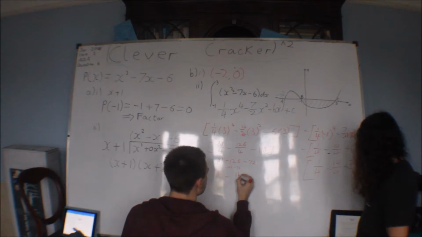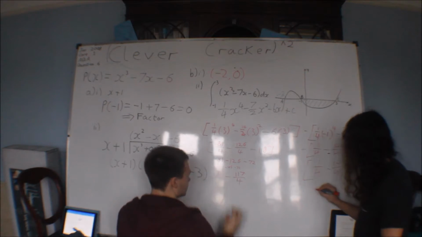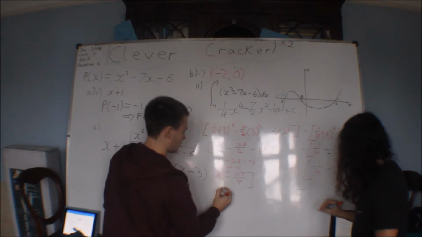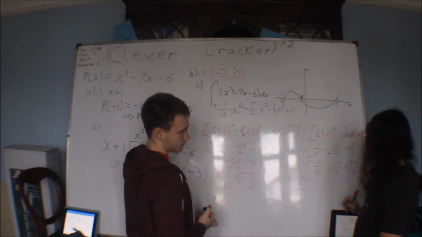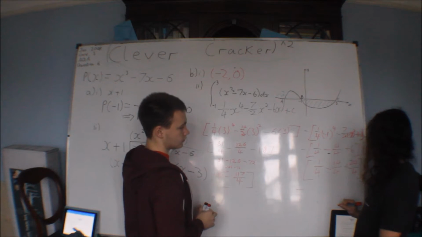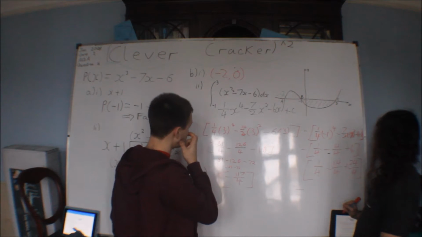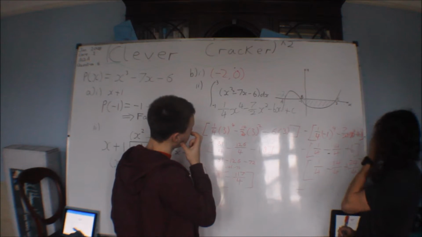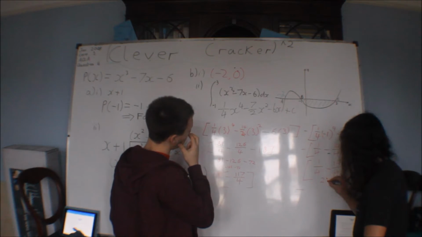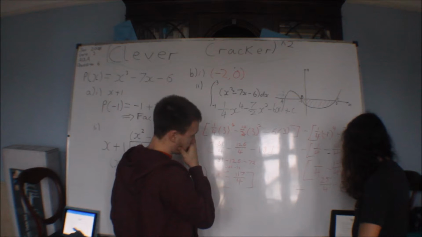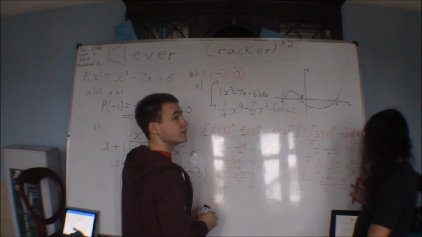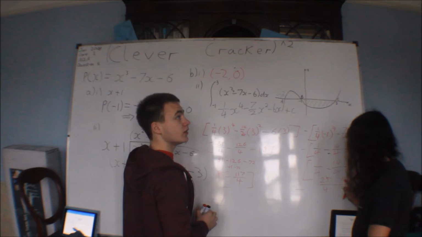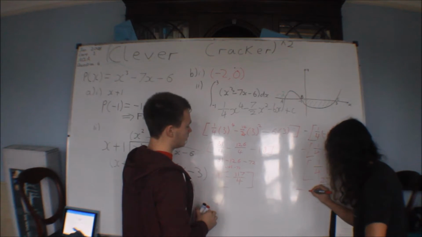So minus 117 over 4, that's this bracket altogether. And this bracket altogether is 15 over 4 minus 14 over 4, sorry, minus 14 over 4. 117 over 4, what is that exactly? 29 and a quarter.